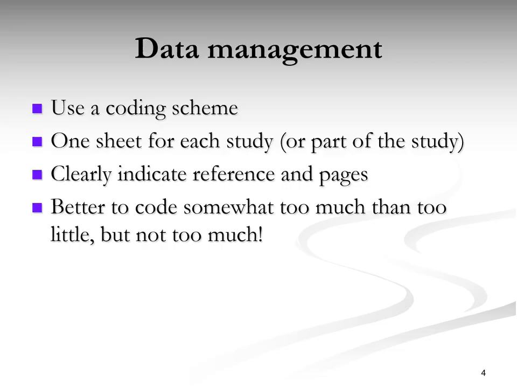But what is important is that you also clearly mention the page numbers, so that afterwards, if you do not remember very well what that meant, or if you want to know more about the context in which that sentence was given, you can easily find that part back in the text.